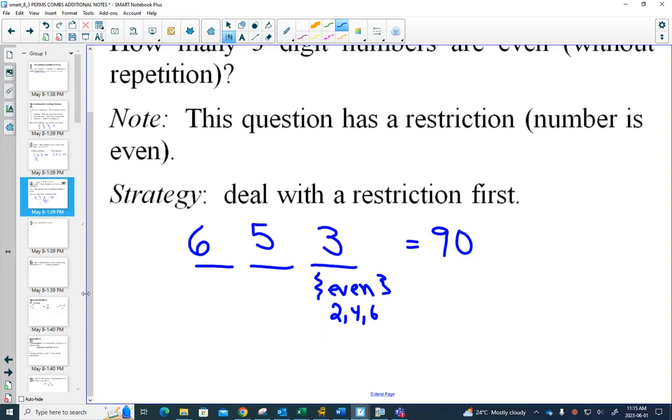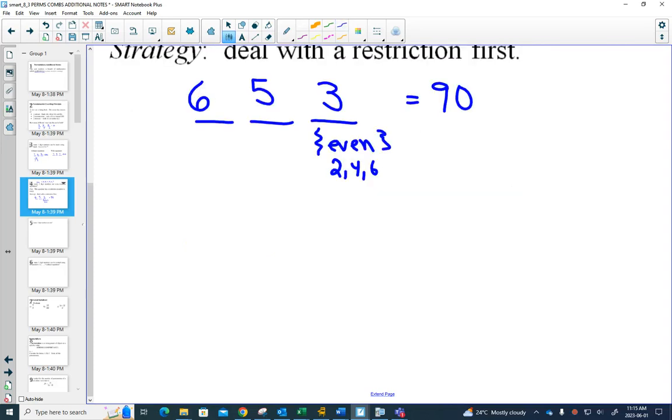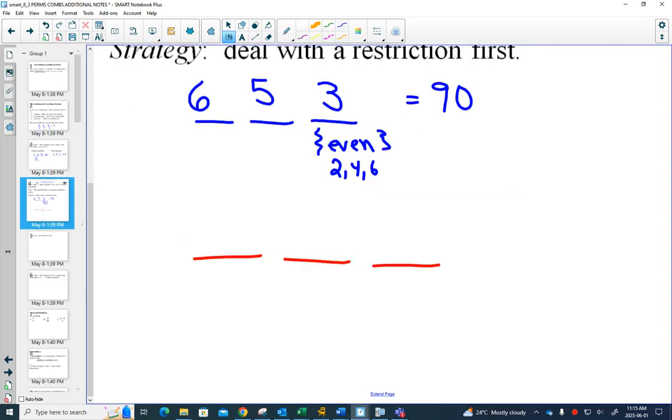Why do you have to deal with the restriction first? Well, don't write this down, but let's say you had your 3 spaces, and you knew the last still had to be even. But you started with the first one. If you started with your first space and said, how many choices do I have? Any number could go there. I put 7. Then you'd say, well, I've used up one number, so any number here could be 6. But then you have a problem because you don't know what number to put at the end. Somebody would say, well, why can't I put 3?